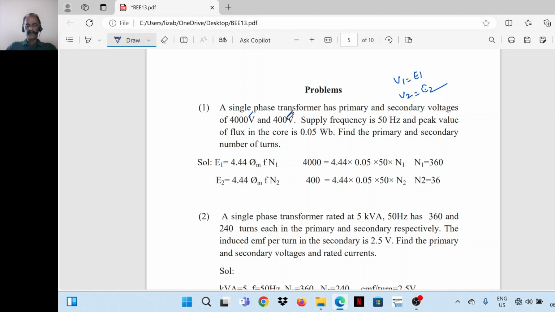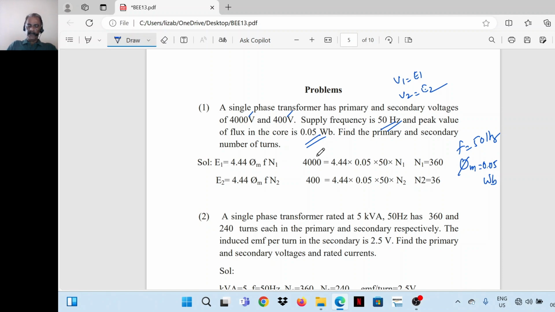That means E1 is 4000, E2 is 400. The maximum value of flux in the core is 0.05 Weber. Frequency is 50 Hertz, so f is equal to 50 Hertz. Maximum value of flux in the core phi m is equal to 0.05 Weber.